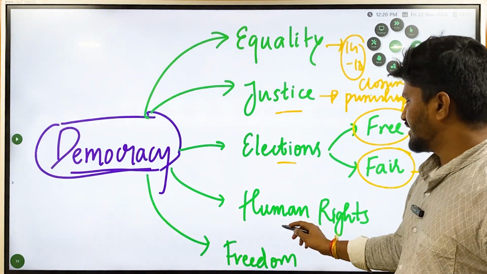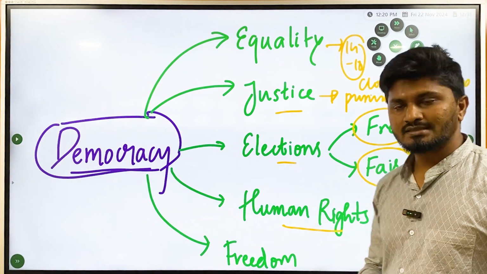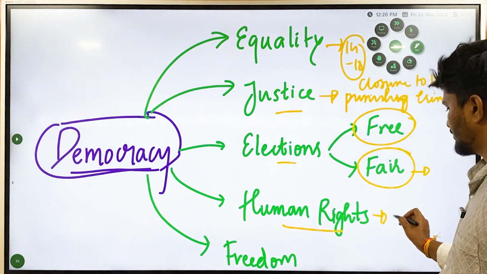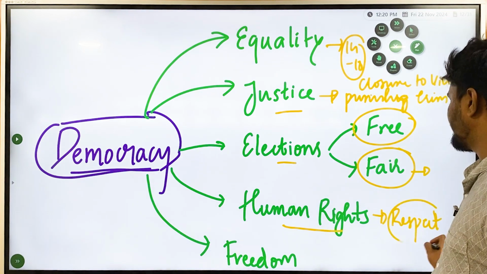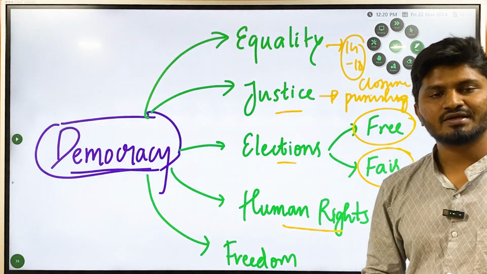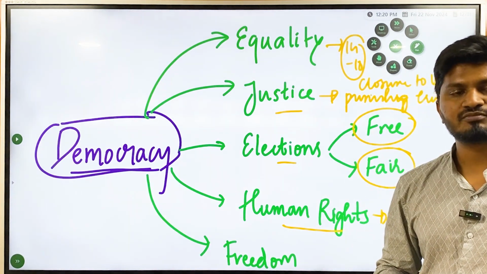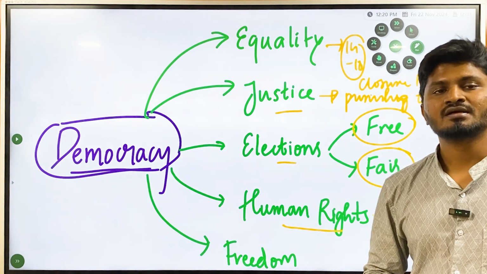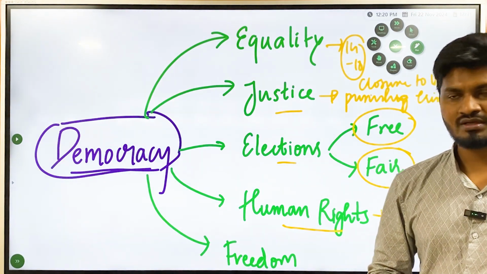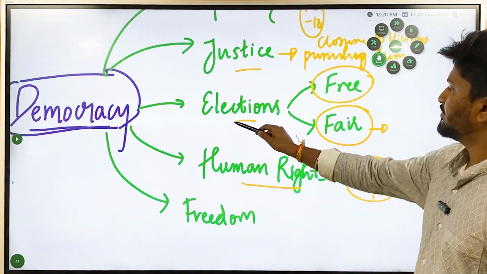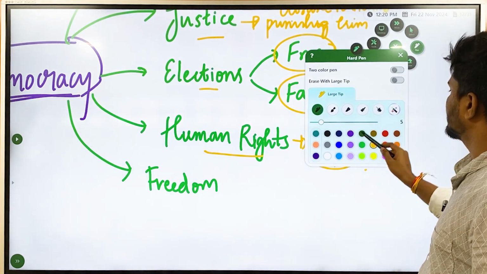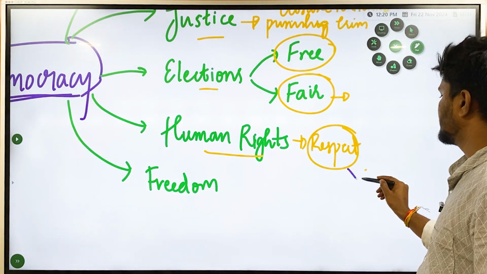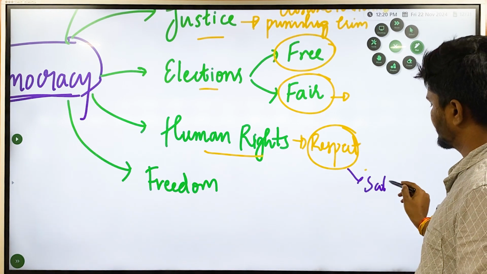And then the democratic government has respect for human rights. Whenever there is a violation of human rights, those kinds of actions, traditions, customs, etc. have to be done away with. For example, in medieval India, there was a practice, which many know, called sati.